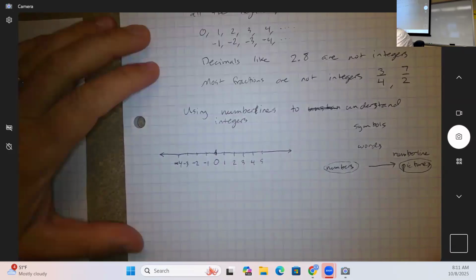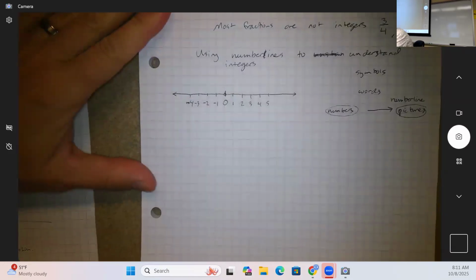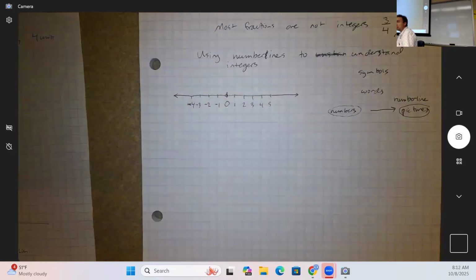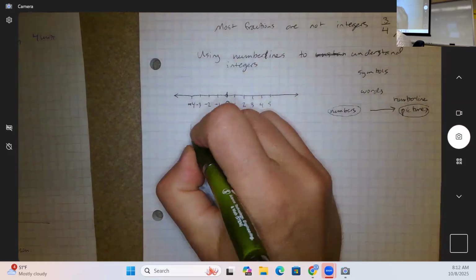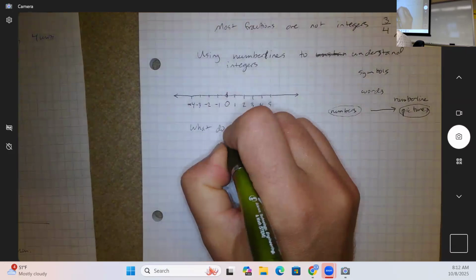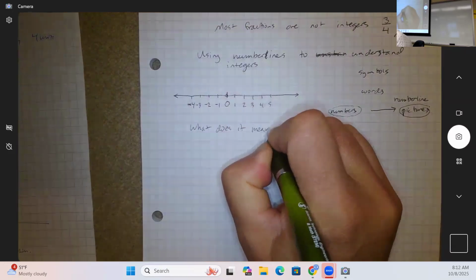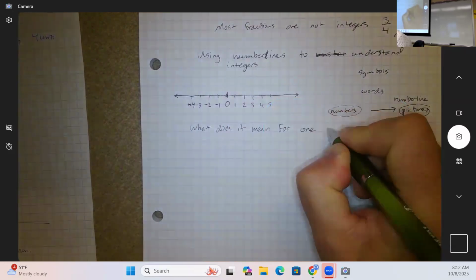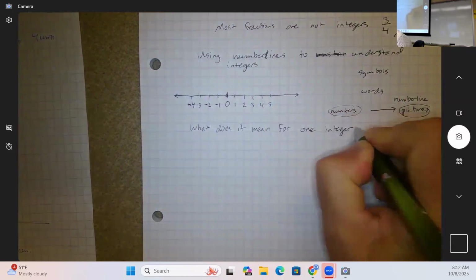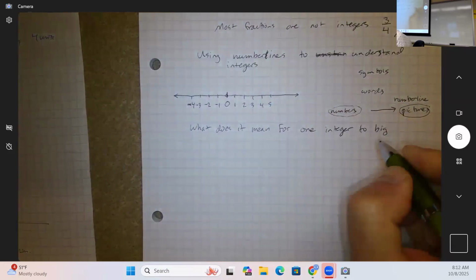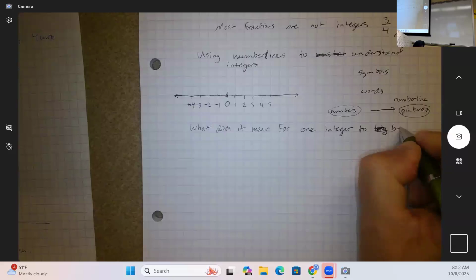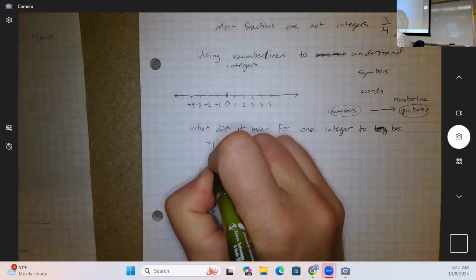One reason I think the number line is helpful is when we start talking about what does it mean to be bigger? What does it mean for one integer to be maybe bigger?